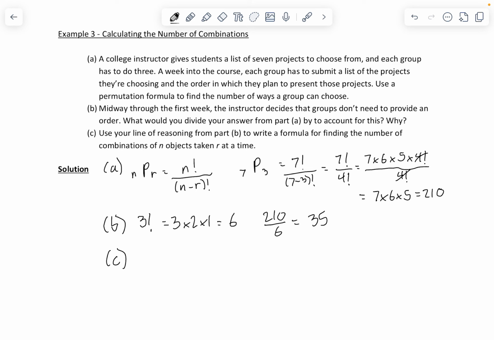So this is how we make order not count, by dividing out the number of possible orders. So our combination formula looks like this. It's just the permutation formula divided by the total number of possible orders, which is like that, okay?